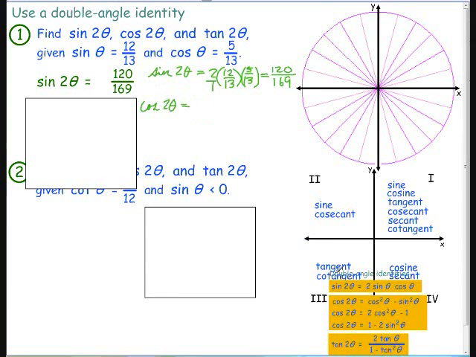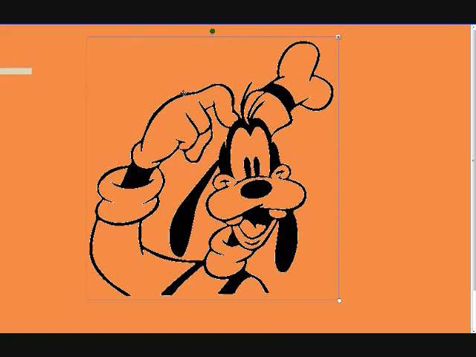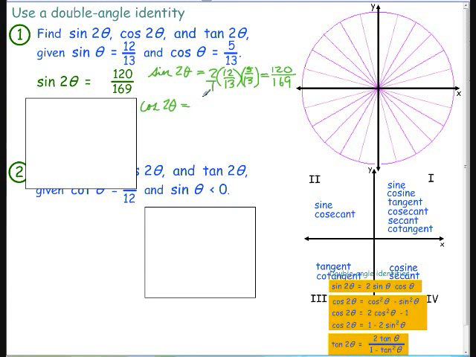And I'm lucky. I have cosine and sine of single theta, so I can use any one of these. When I've got them both, I can use any one. I'll start with that first one. Okay, here's a little challenge for you. Can you spot the goof? It's coming up. So it's going to be cosine 5 over 13.